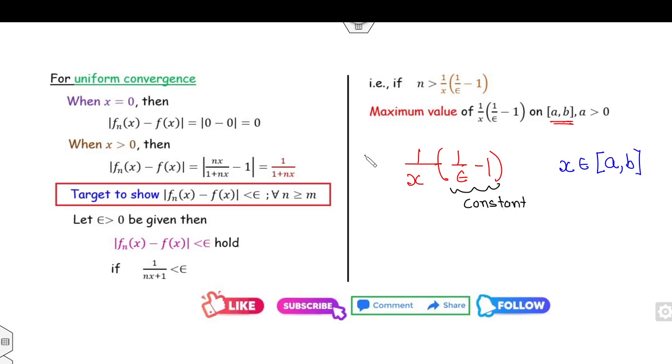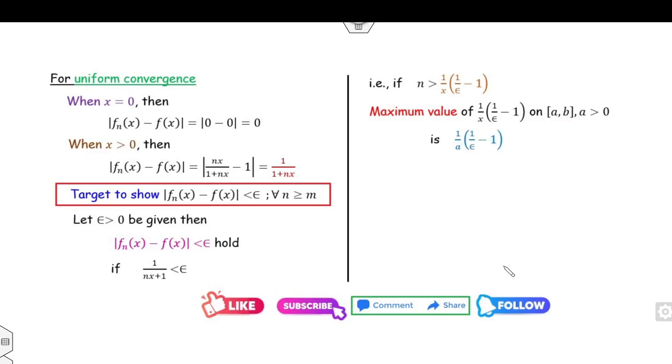The maximum value occurs when x is minimum, because it is 1 over x. So x will be minimum at the point a, and the maximum value will be (1/a)(1/epsilon - 1).